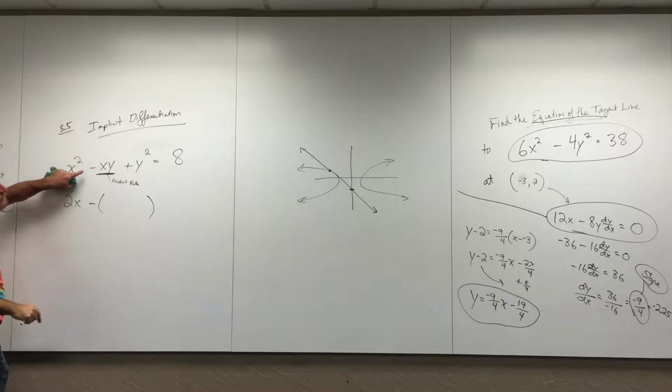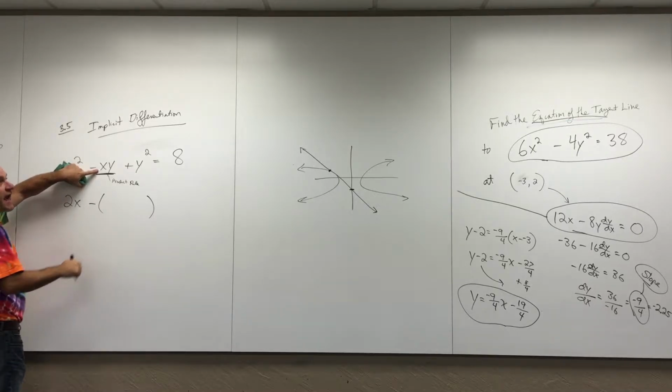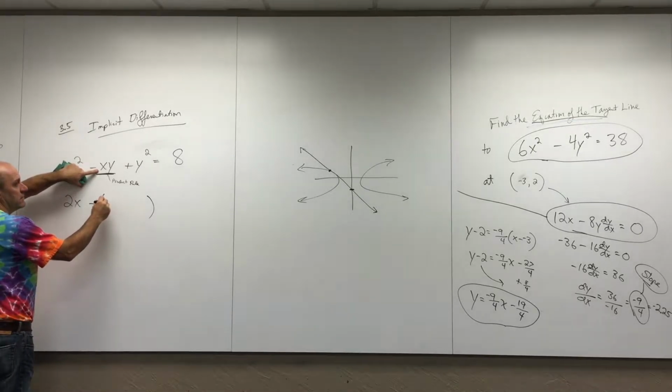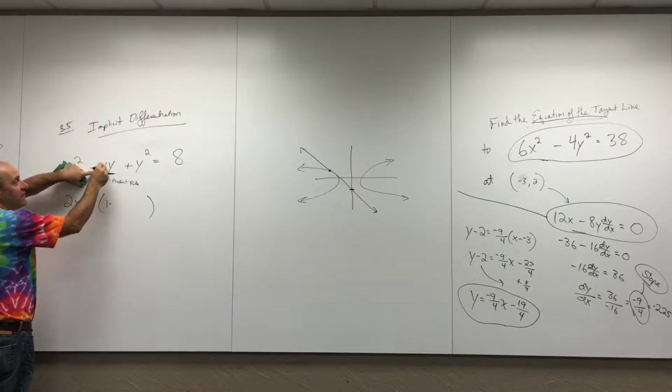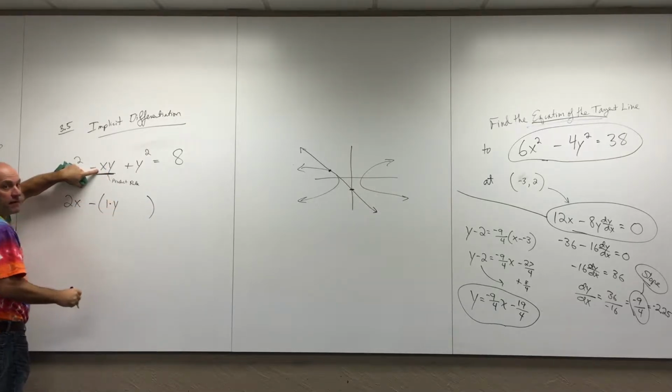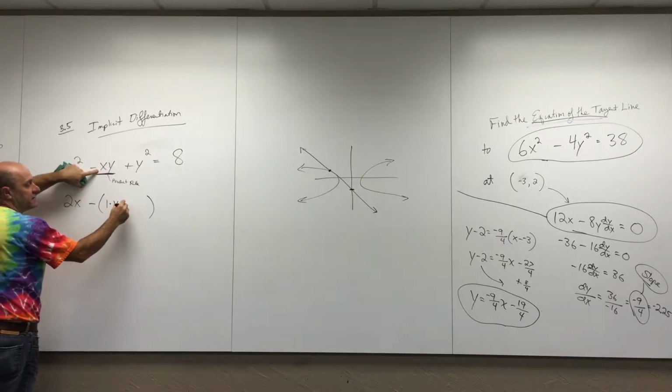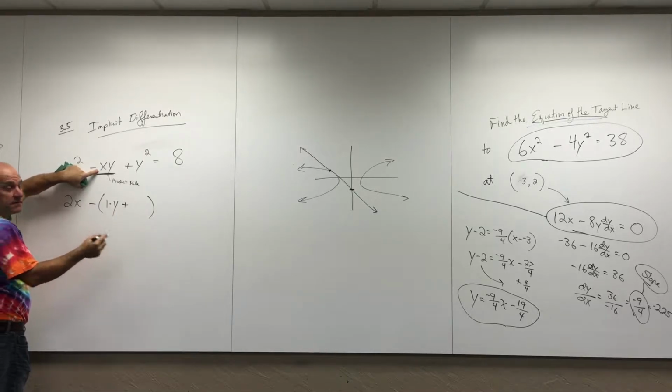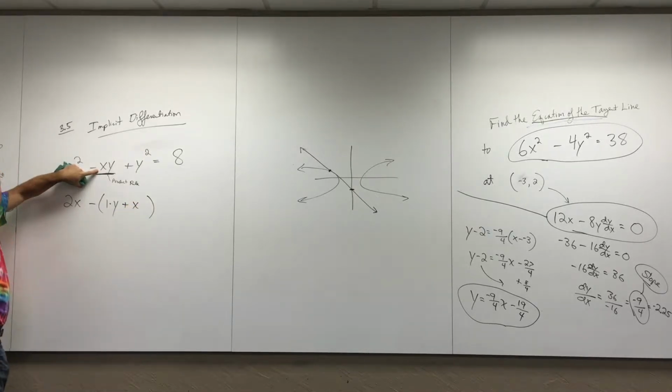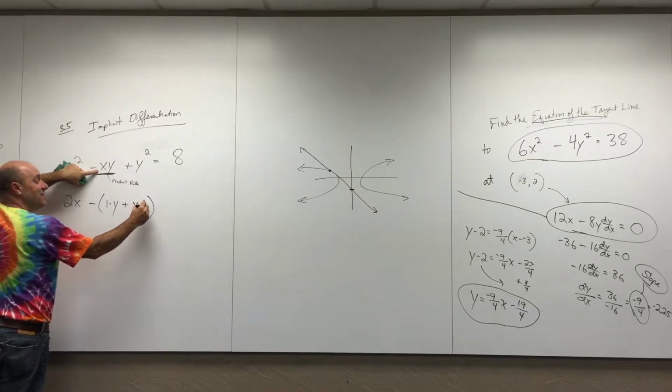Here we go. A little product rule. Derivative of the x is 1. Write down the y. Plus, write down the x, and take the derivative of the y: dy dx. Awesome.